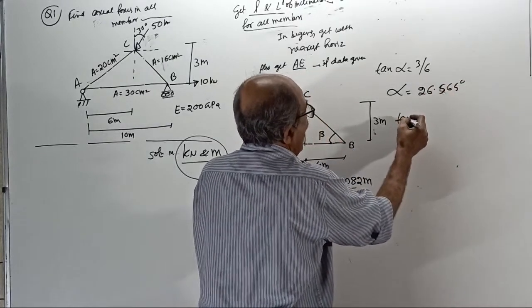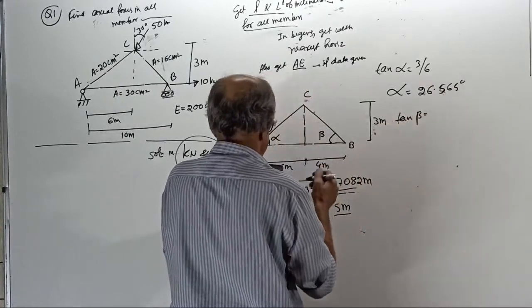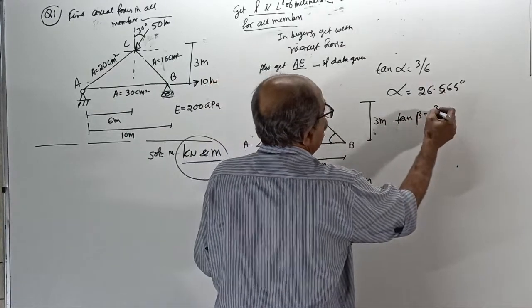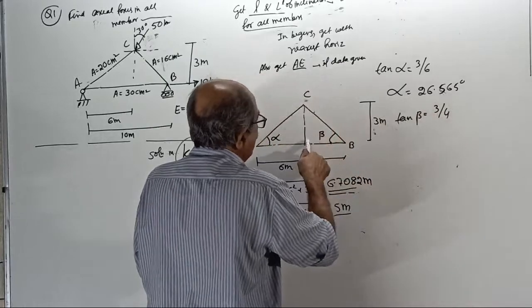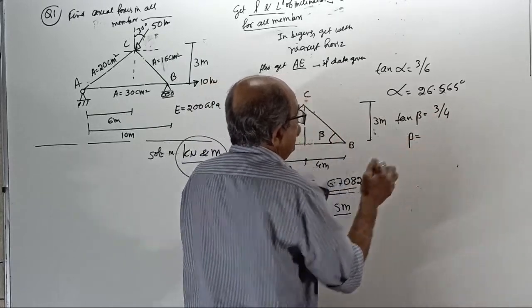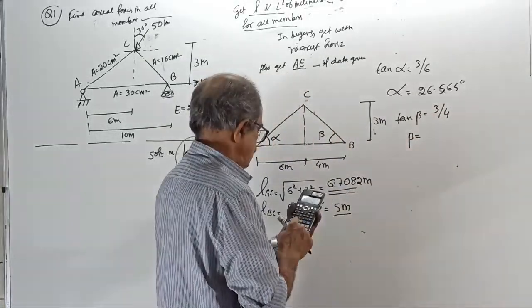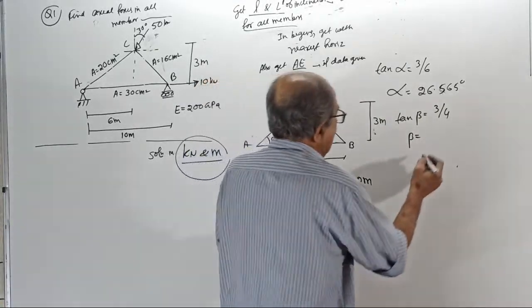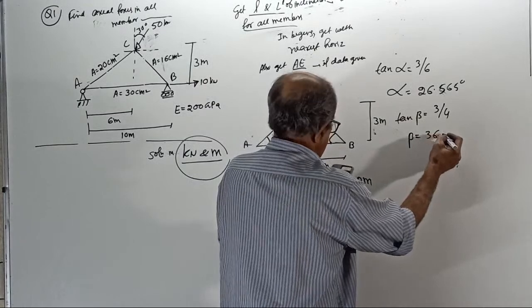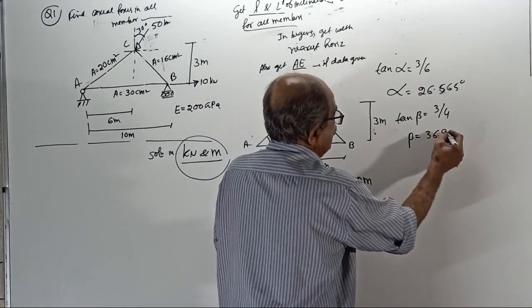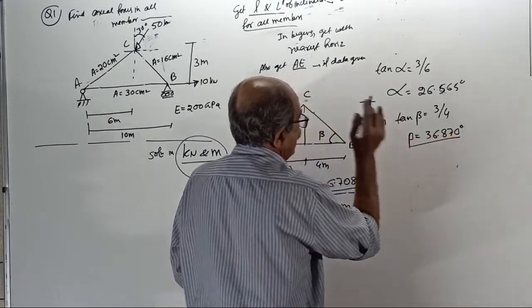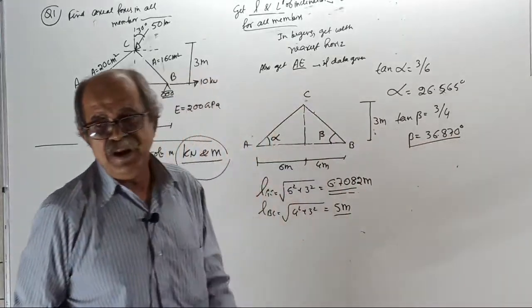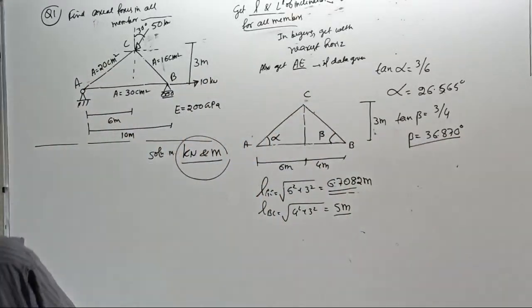And tan beta equals 3 by 4. Shift tan inverse, beta will be 36.870 degrees. Okay, length and angle are over.